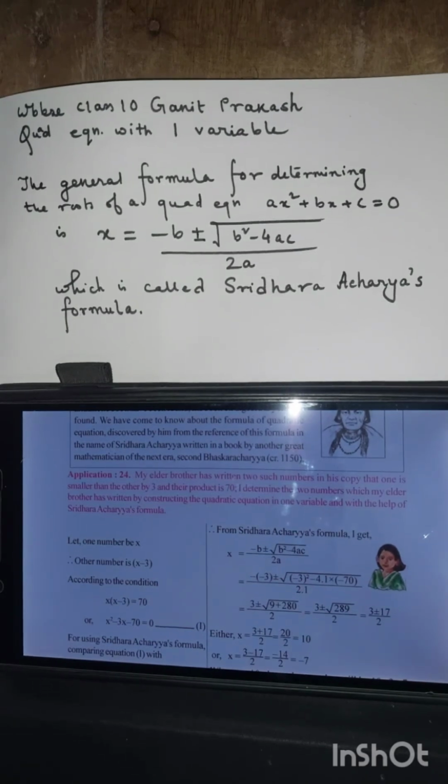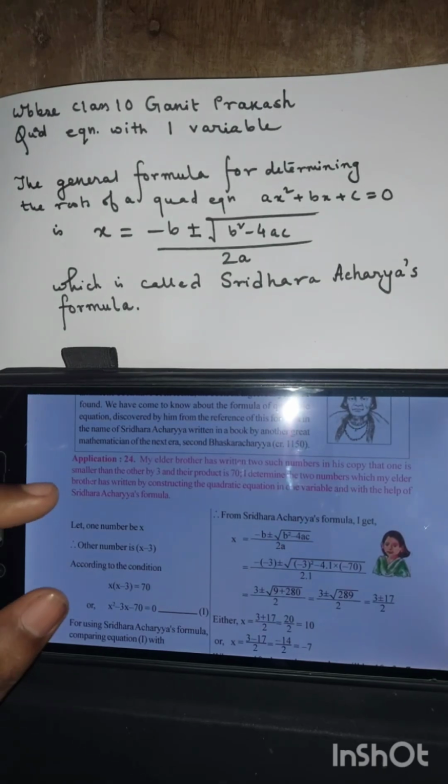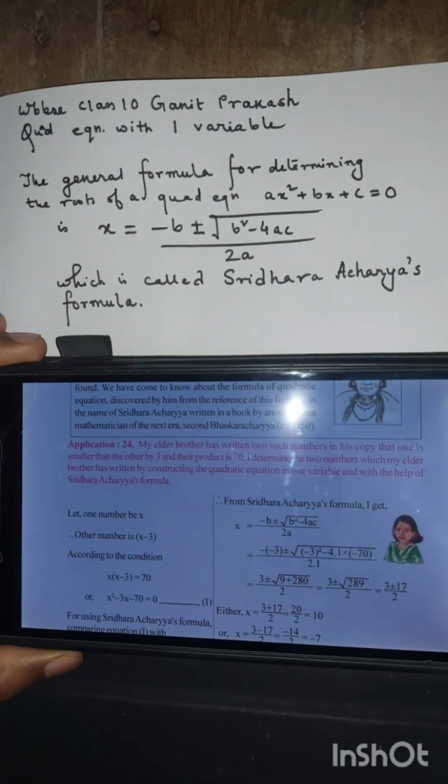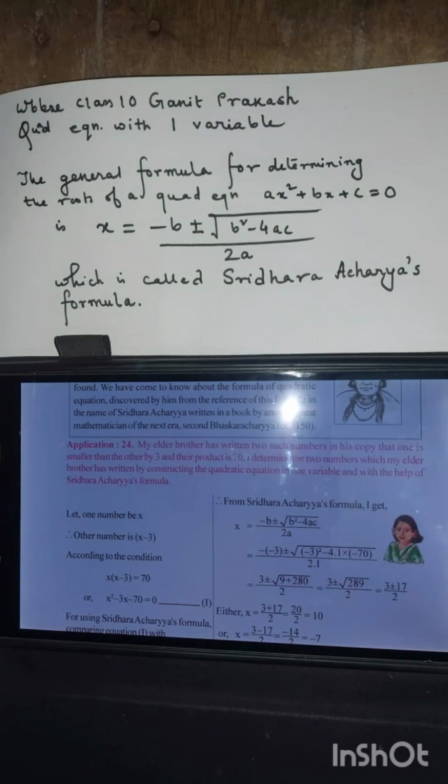Let us read question application 24, which says, my elder brother have written two such numbers in a copy that one is smaller than the other by 3, and their product is 70.